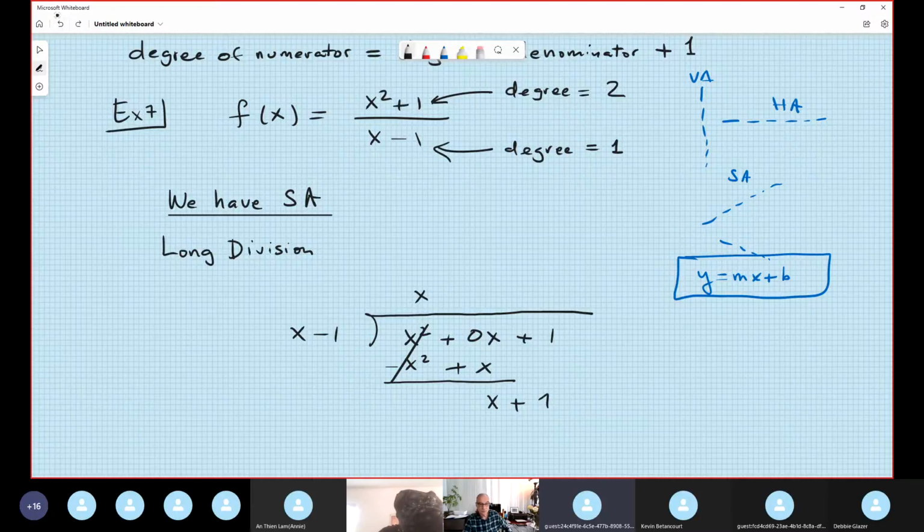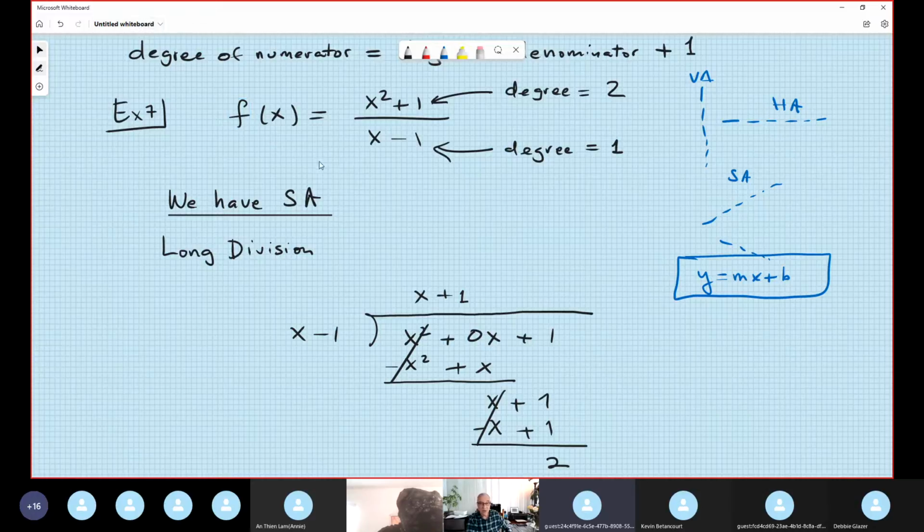It's 1, because 1 times x is x, subtracting changes the sign, and 1 times -1 is -1, subtracting is positive. This cancels as always, and the remainder is 2.